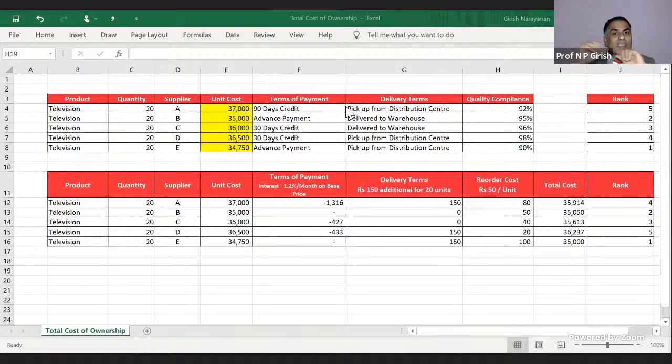No. What else can we take a look at qualitatively? B is very close, and B has a very clear quality compliance advantage. For 50 rupees extra, it is actually a good 5% point improvement, isn't it?